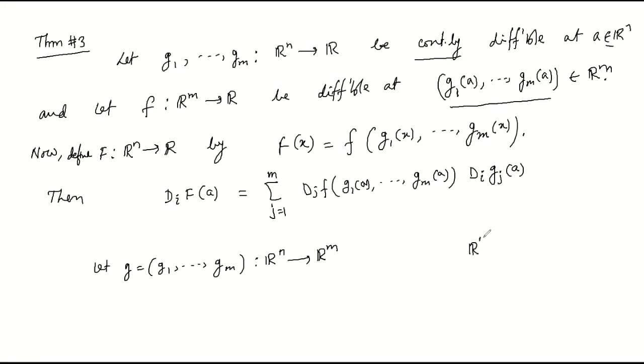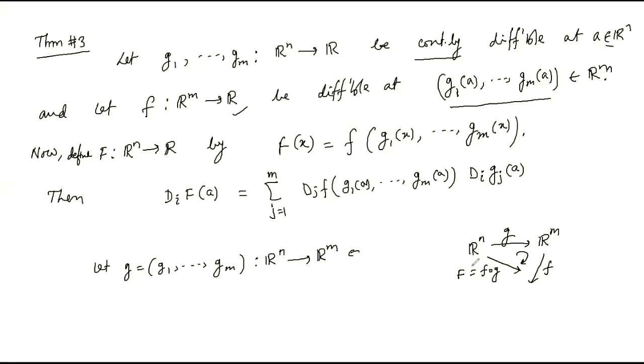So here we have R^n to R^m. This function g is defined here, and from R^m to R we have the function small f. So here we have the composite function f composed with g, and this is basically capital F.